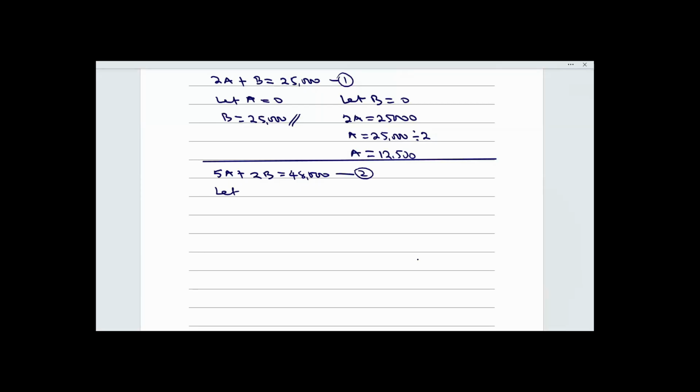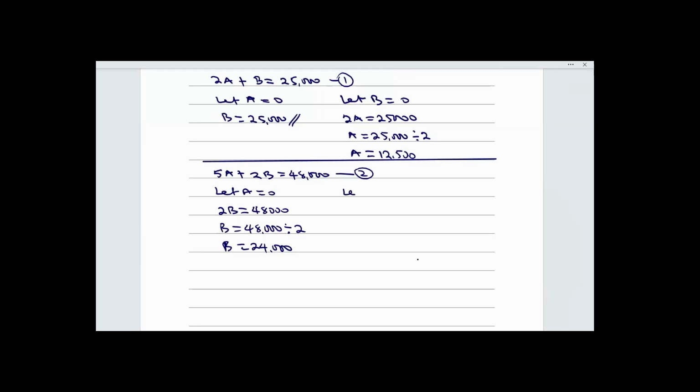Again, let a equal to 0. If a is equal to 0, then 2b will be equal to 48,000. Therefore, b is equal to 48,000 divided by 2. So b equal to 24,000.